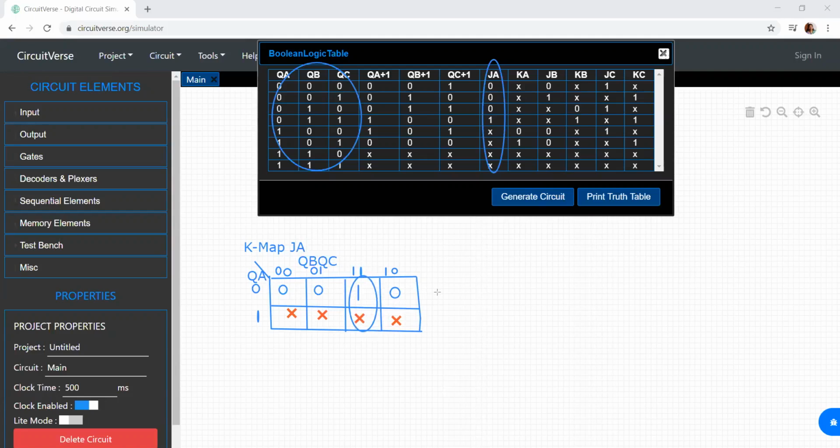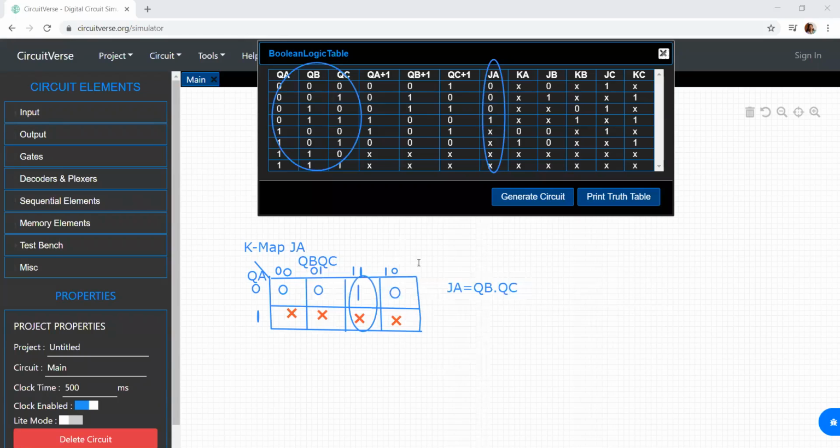Now, if I solve for this pair, what will be the expression? So 0 and 1 we cannot consider. This will be left out. 1 and 1 represents QB and QC. So the expression will be JA is equal to QB into QC. Done.